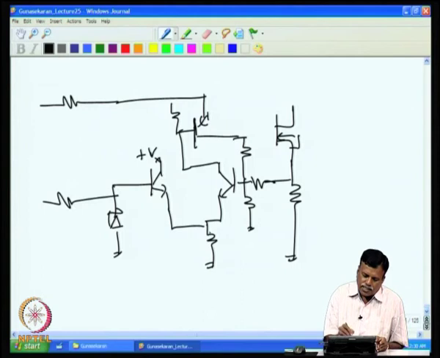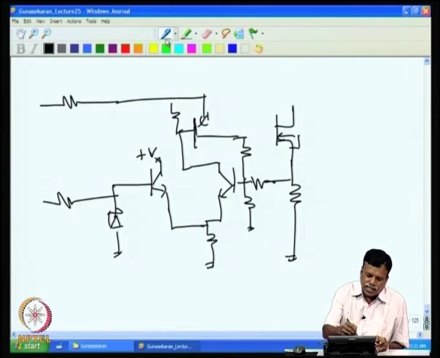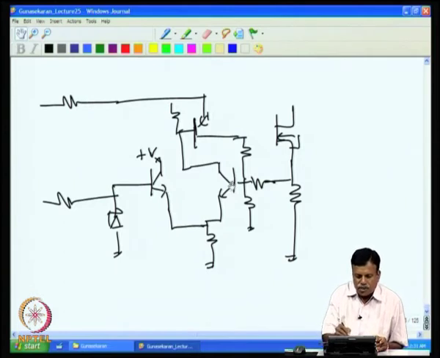So, in this case the temperature drift that was affecting the current limiting function can be removed by adding this additional transistor. That is, we have added this transistor to compensate the VBE drift of this, because in this case if the current goes high, then voltage at this point will go high, and then voltage at this point will go high, then this will start conducting.